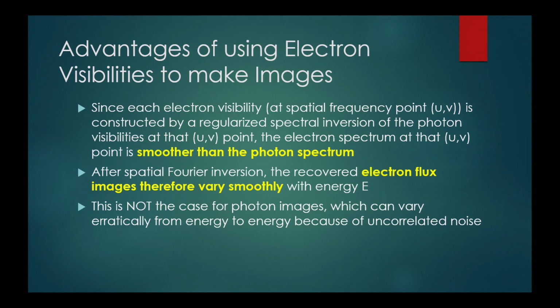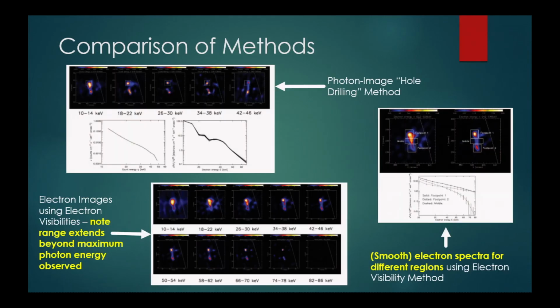They have uncorrelated data noise. The electron visibilities necessarily vary smoothly with energy because of the regularized way in which they are produced. Therefore, when you take them and make images out of them, the images vary smoothly with energy, which is probably a physically reasonable thing for them to do.